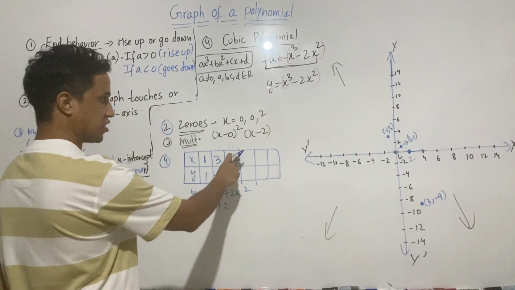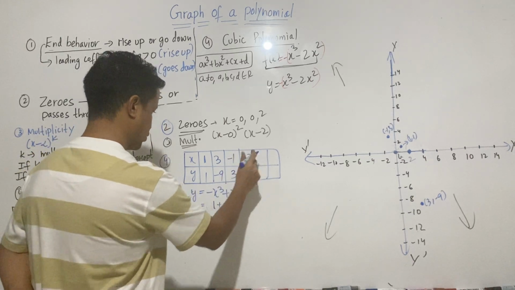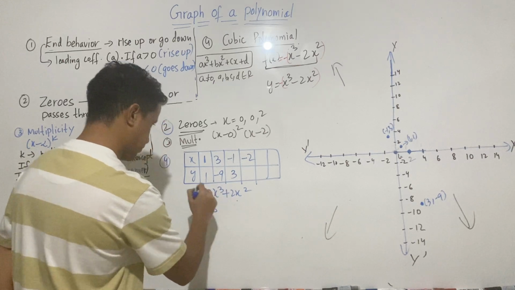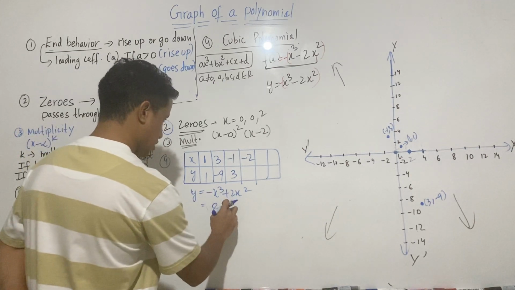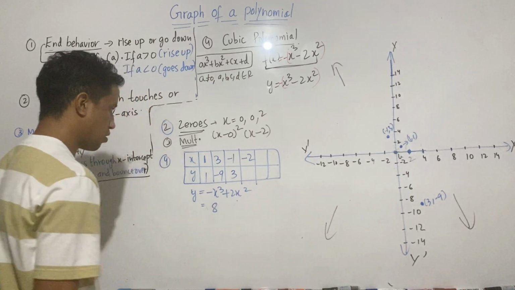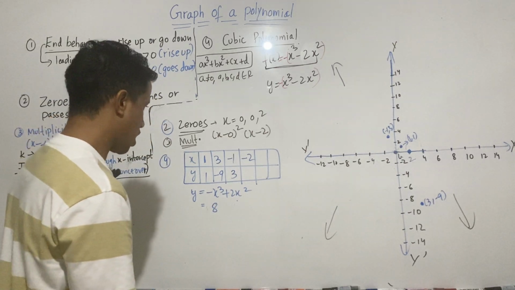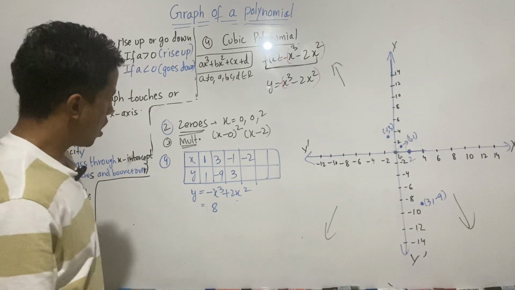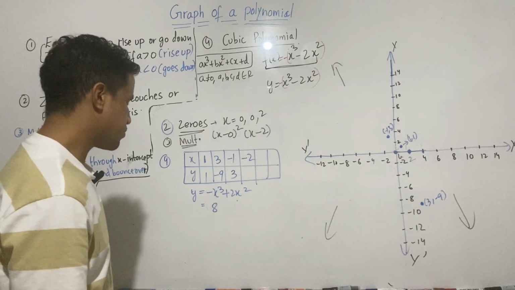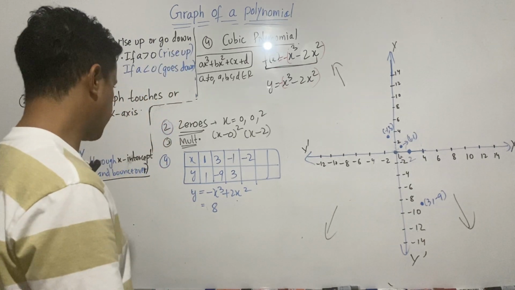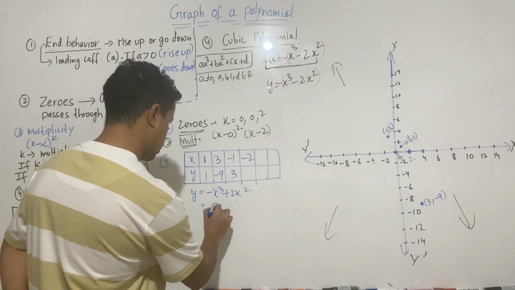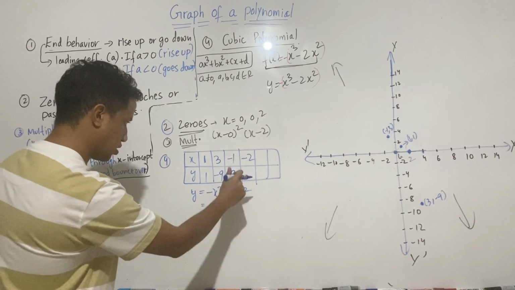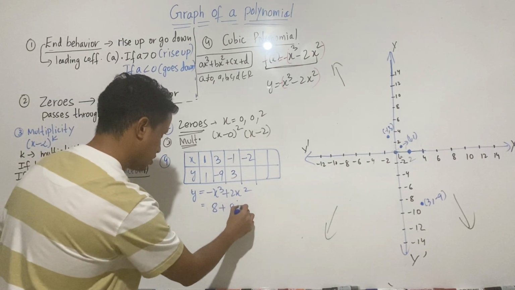Then x is minus 2. Minus 2 cubed is minus 8, so the minus makes it 8, and here 2 times 4 is 8, so 8 plus 8, this is going to be 16.